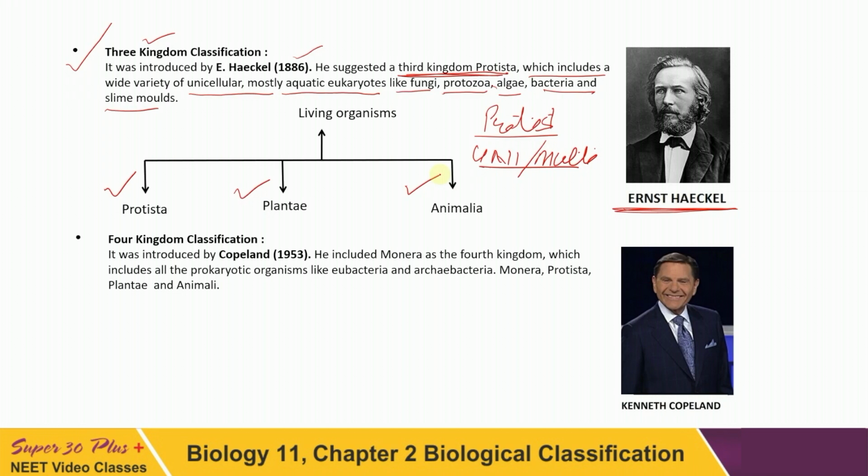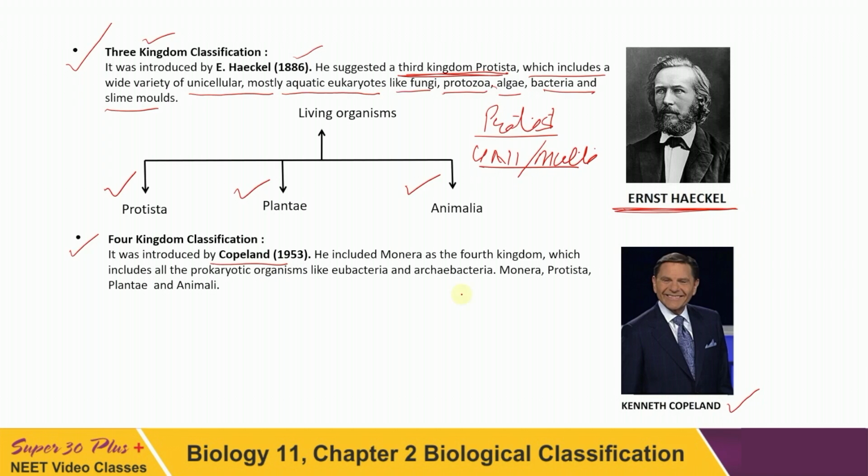But even then, a few shortcomings of the Linnaeus classification remained. Therefore, there was a need for a four kingdom classification. After the three kingdom classification, Copeland proposed a four kingdom classification, substituting it. You can see the photographs of Copeland and Ernest Haeckel, so at least you can recall who Copeland is and what he has given.